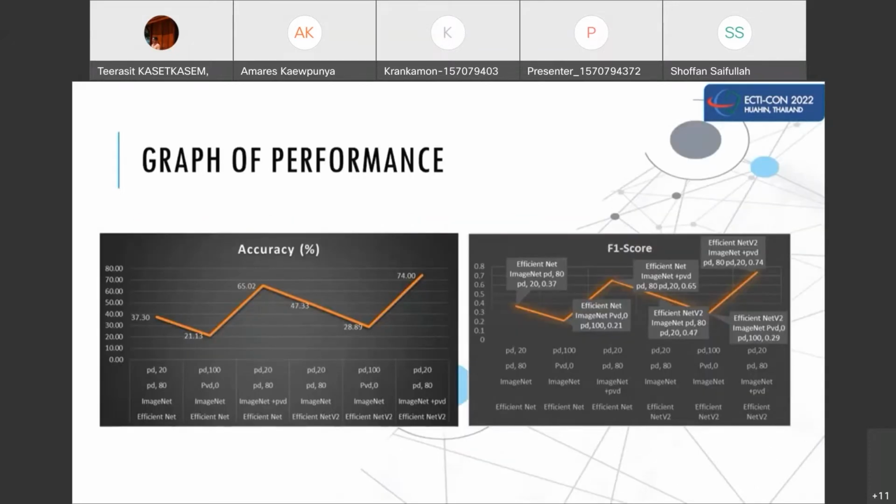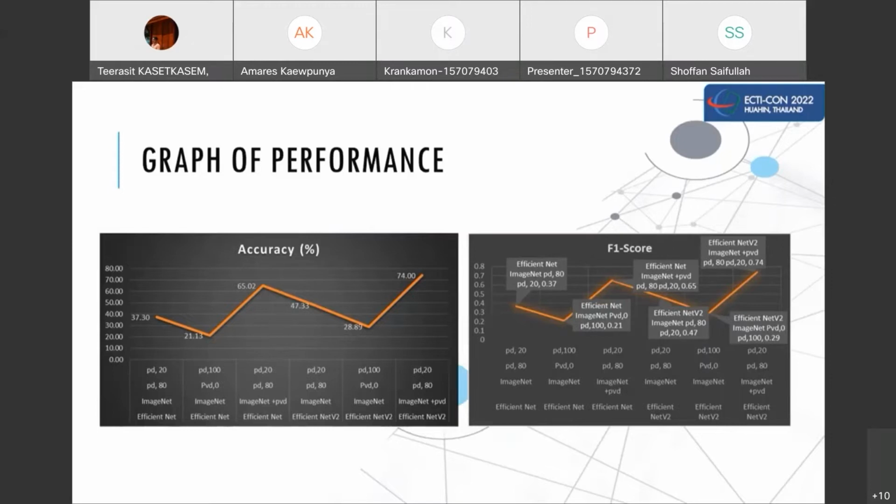So in this slide, I will be explaining the graph of performance gained after the experiment. There are two graphs: one for the accuracy and one for the F1 score. As we can see here, the highest score was gained by the combination of EfficientNet version 2 with ImageNet plus PVD.